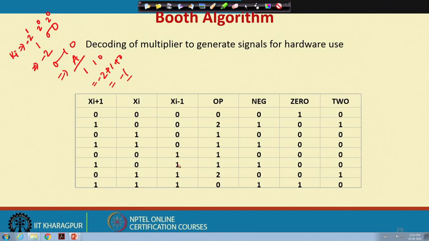For 1 0 1, what will happen? Minus 2 plus 0 plus 1, which equals minus 1. For 0 1 1, that is 2 with positive, and for 1 1 1, that is 0.